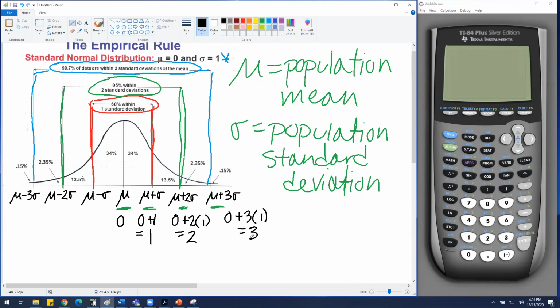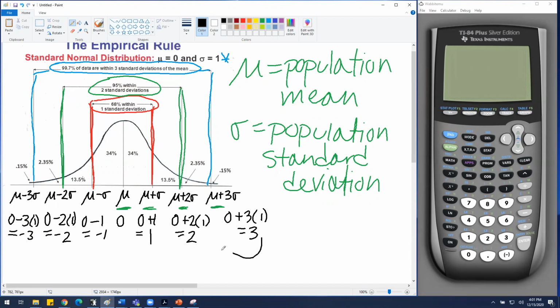And then you go the other direction. The mean minus a standard deviation, the mean minus 2 standard deviations, and then your mean minus 3 standard deviations.